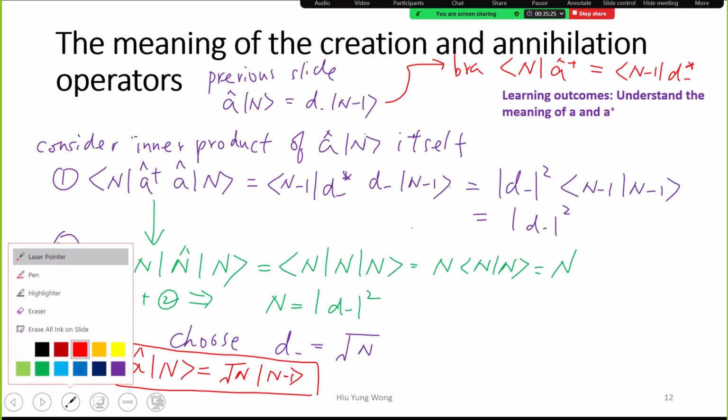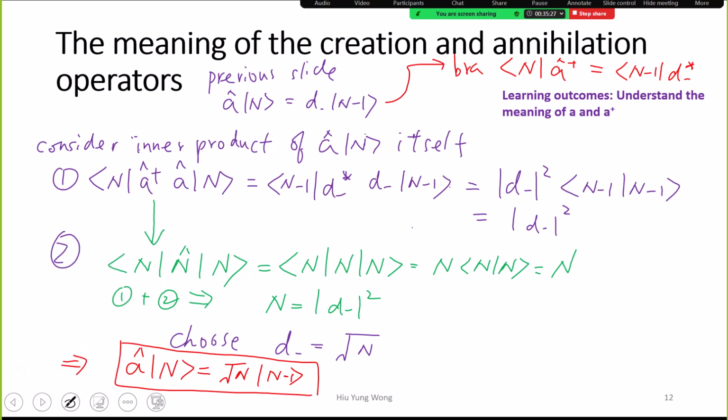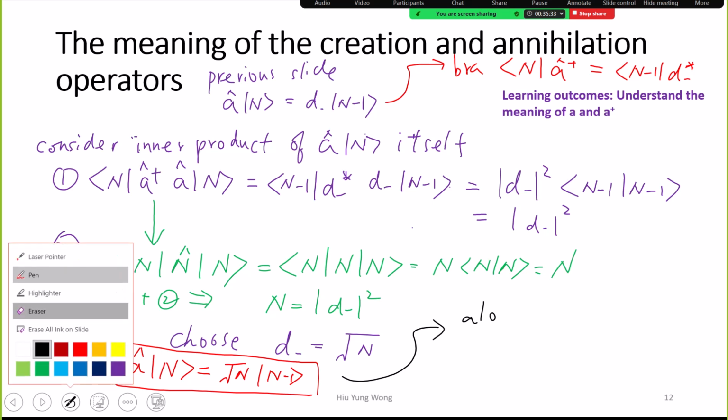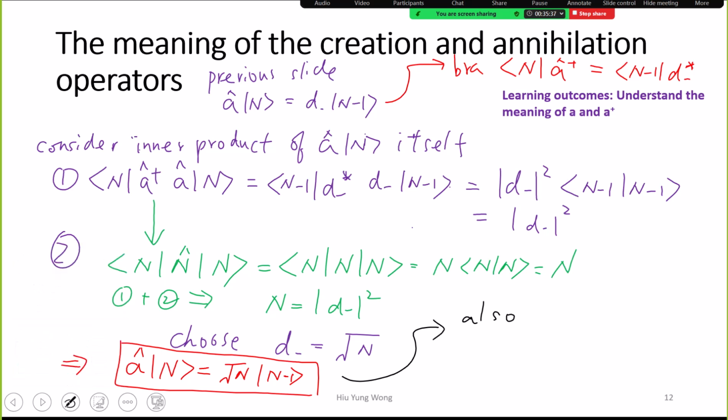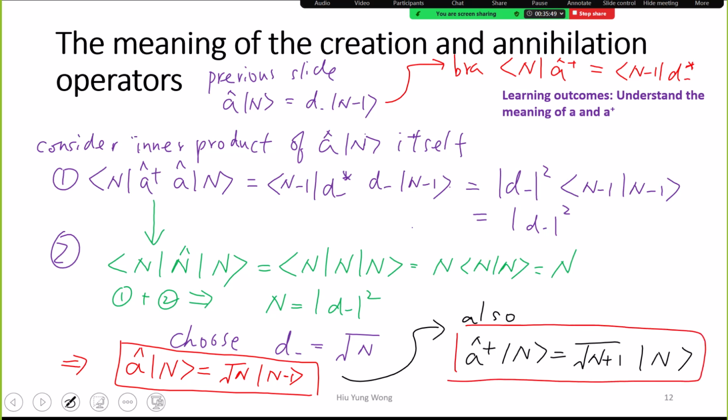So in your assignment, I would like you to go through the same process, right? And you can go through the similar process, find the similar equation. You get A dagger n equals square root n plus 1 n. This is another equation.